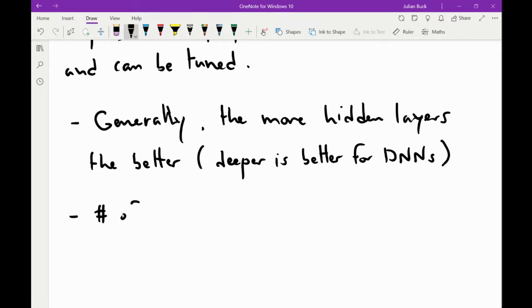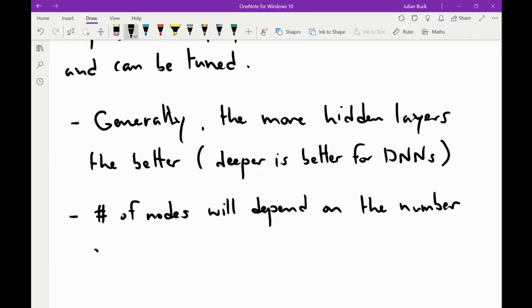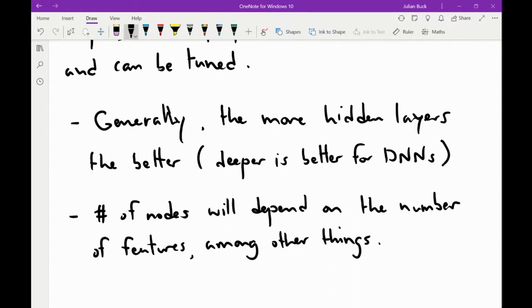Okay. The number of nodes will depend on the number of features, among other things. And obviously, among other things is not a very specific statement at the moment, but the basic point is that we're making some very general comments. There's also, of course, overfitting, which is always a problem we need to think about.